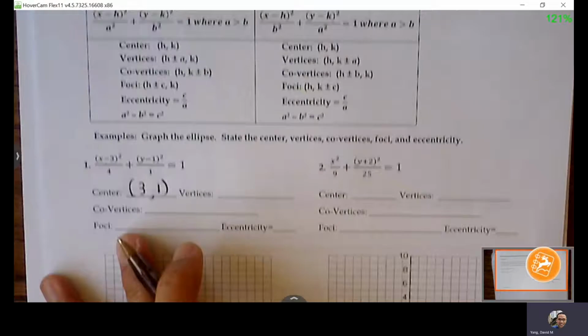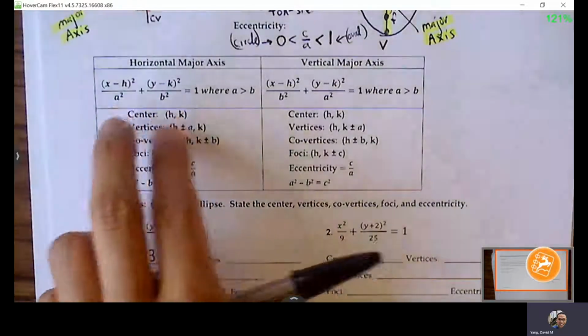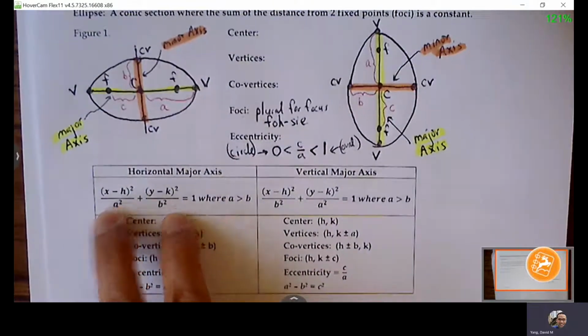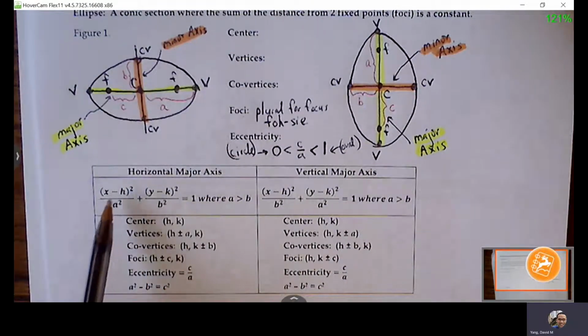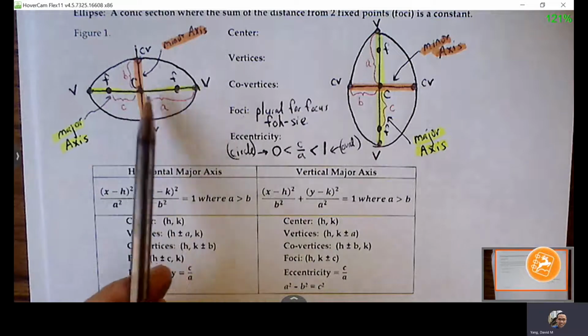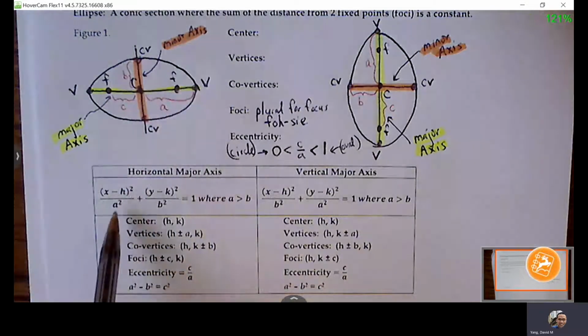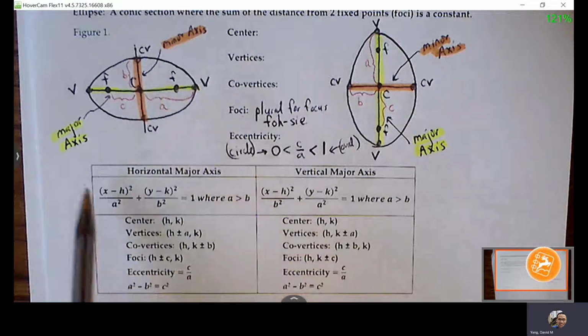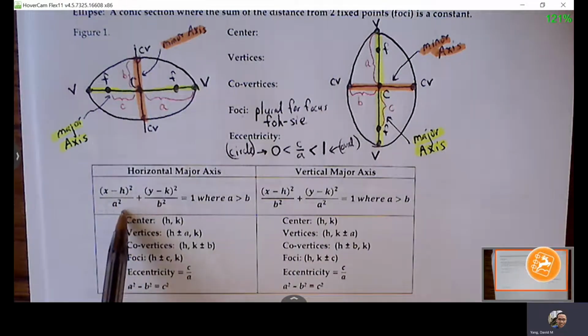Oh yeah, before I do that, let me go over the formulas here. So if you're dealing with the horizontal major axis, then your A value is always going to be below your X, because the longer axis is horizontal. My A value is always going to be the longer length, so that's always going to go below your major axis.